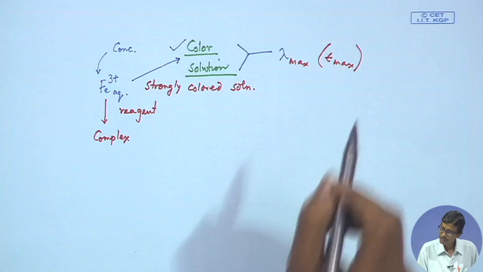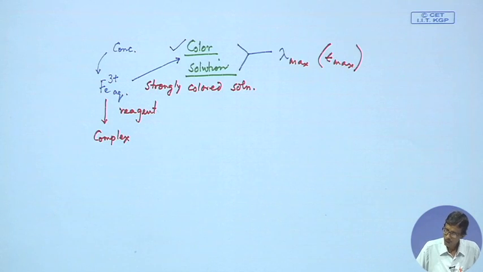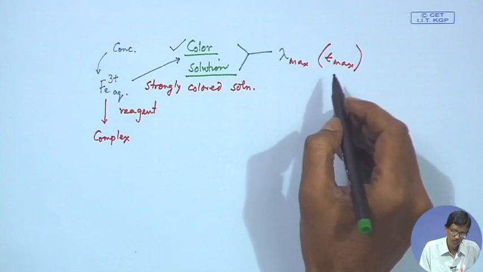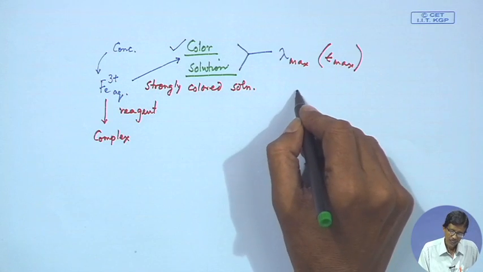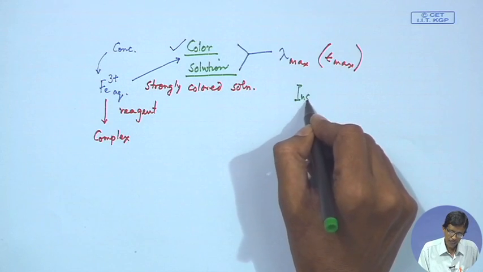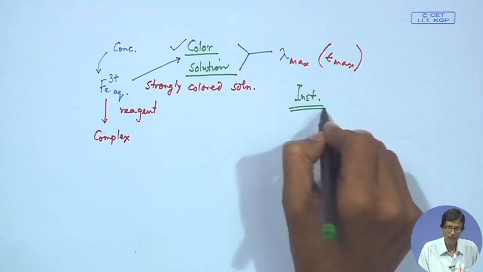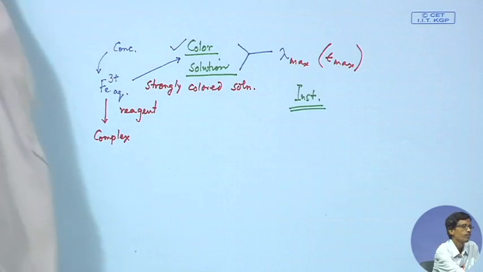So what are these things? Now we will see how characteristic these lambda max values and E max values are for a colored solution, and how we can determine them with the help of an instrument. That is our basic idea.